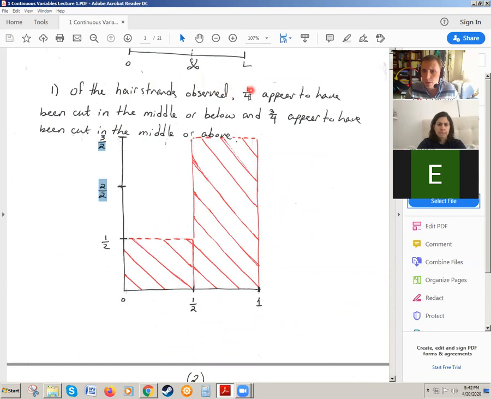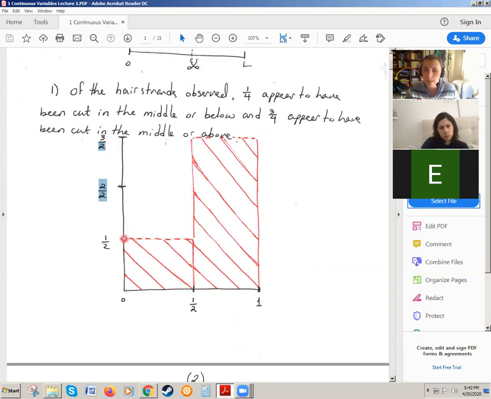In other words, if I look at all the 1,000 hairs, I see that 1/4 of them were cut below the 1/2 mark, and 3/4 were cut at the 1/2 mark or above. Okay, so you don't distinguish exactly where. Maybe the cut happened somewhere here, or maybe somewhere here, but all of them correspond to being at 1/2 or below.